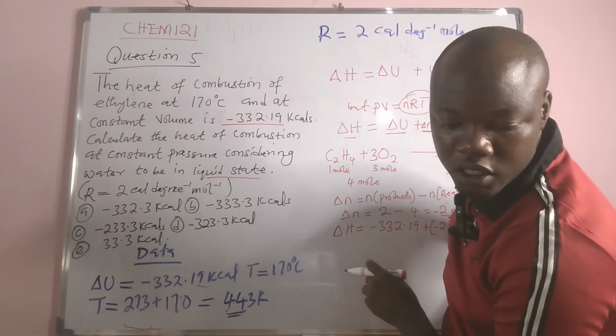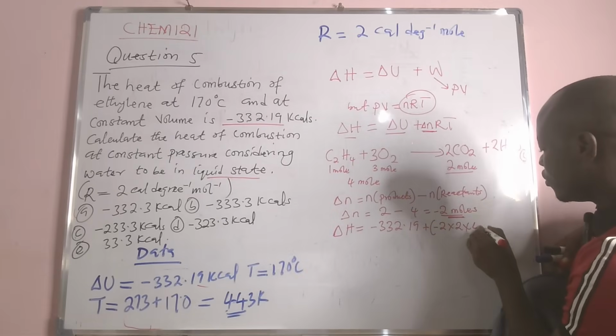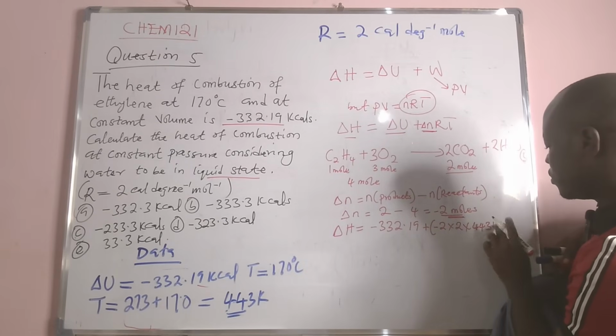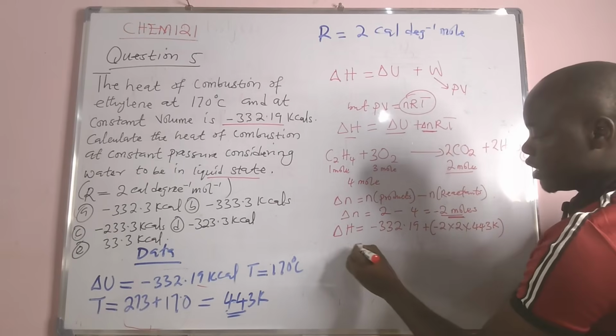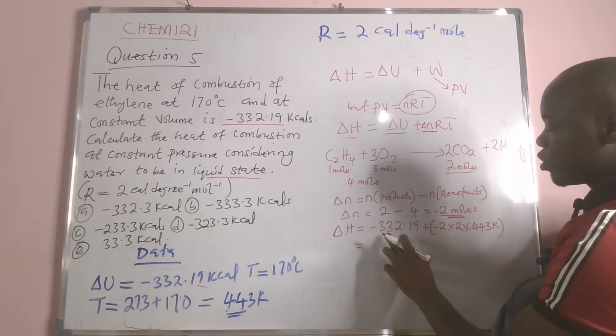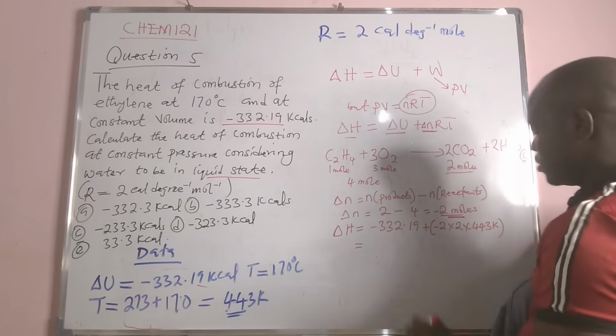And the temperature, if you could remember, ladies and gentlemen, is 443 Kelvin. So the next thing that we are now going to do is to multiply this thing in brackets.